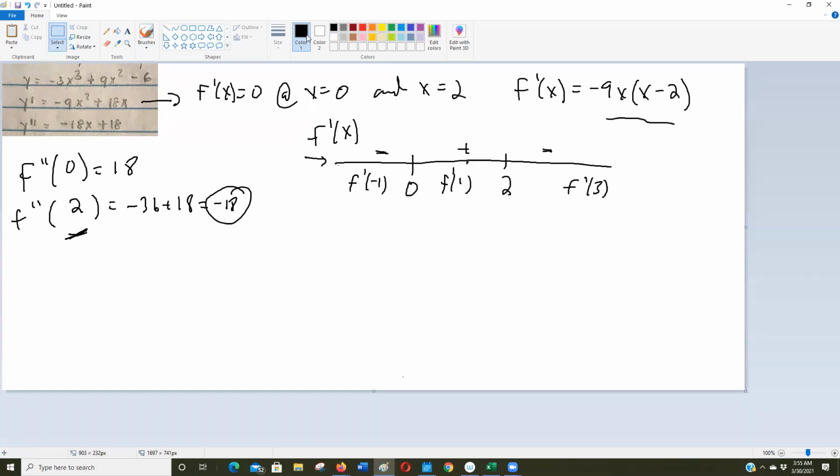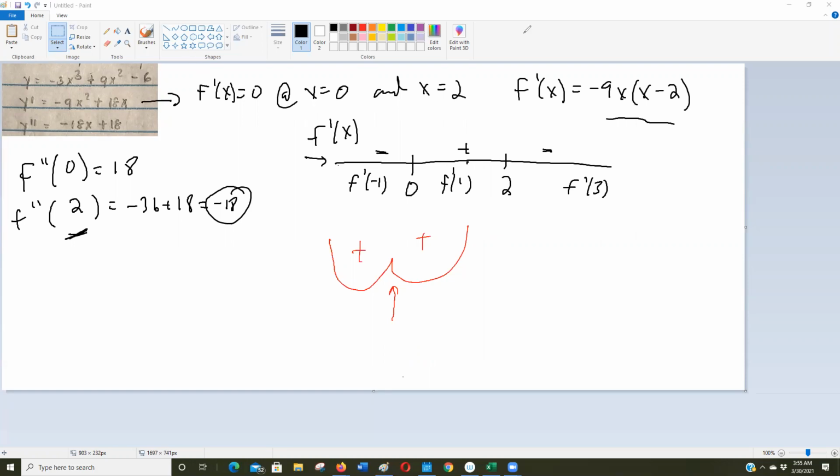Because it is possible, for example, to have a function where the second derivative is not defined at a cusp, and it's concave up either side of it. That would be a situation where the second derivative would be 0 or undefined, but there's no concavity change. So what you've got to do is look for a concavity change.